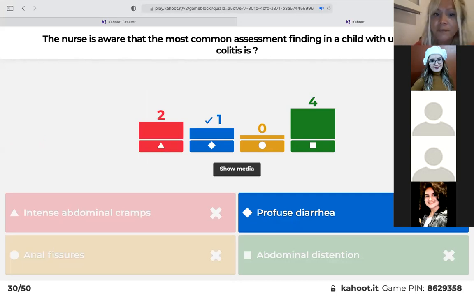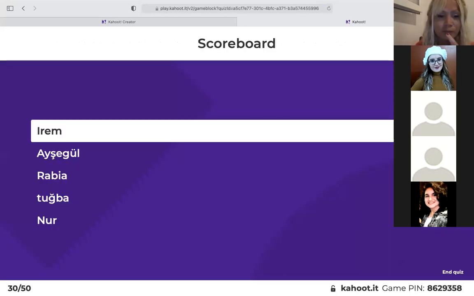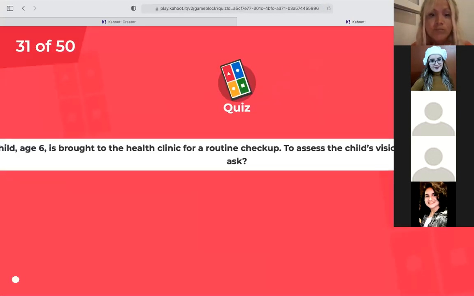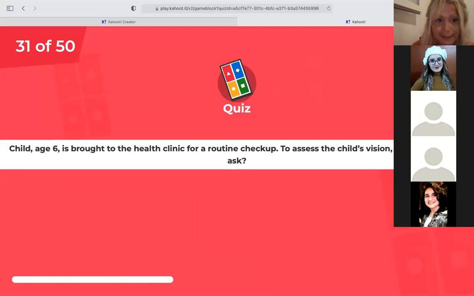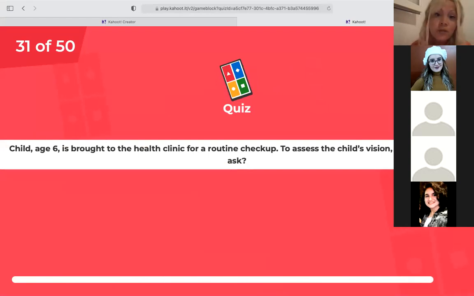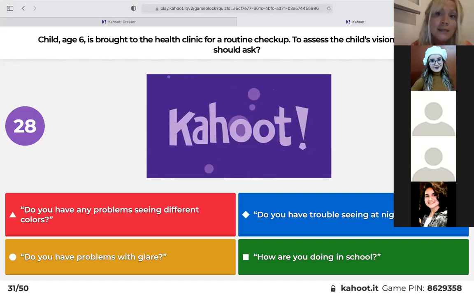A child age 6 is brought to the health clinic for a routine checkup. To assess the child's vision, the nurse asks what?